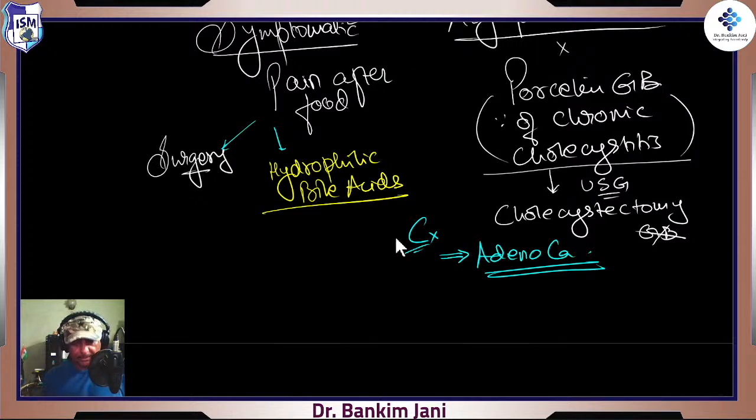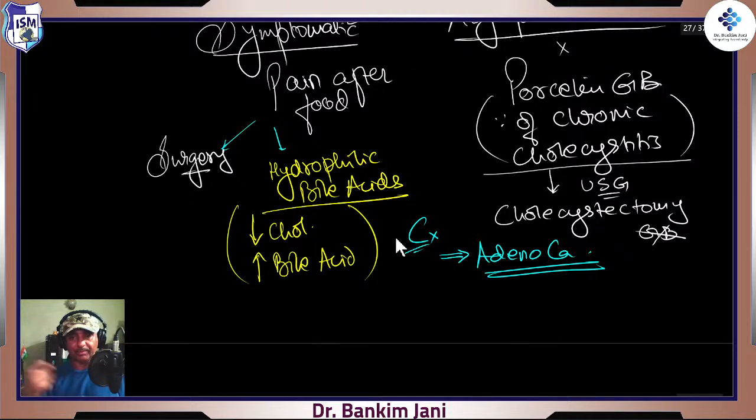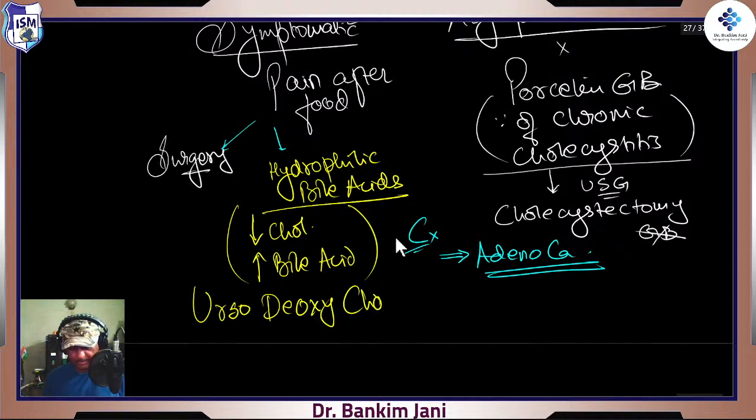That is, they will decrease biliary cholesterol, and they will increase bile acids, so that whatever cholesterol is there, it can be soluble, right? And one of the drugs is called ursodeoxycholic acid, UDCA. So that will do the trick, right?